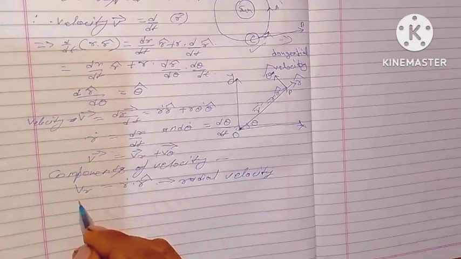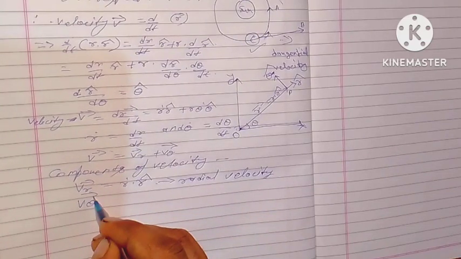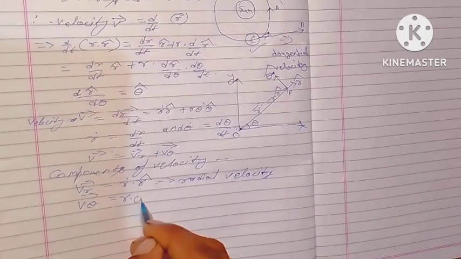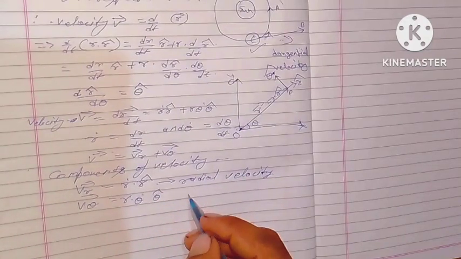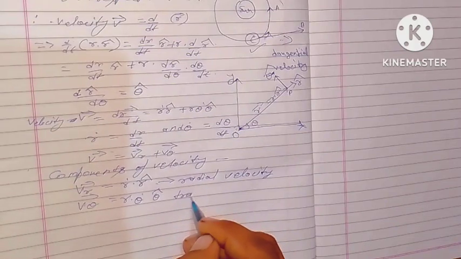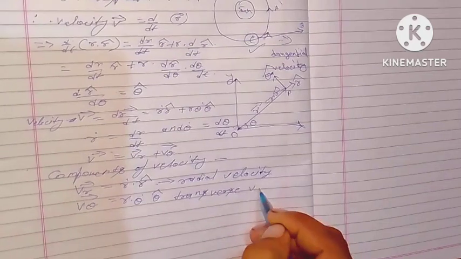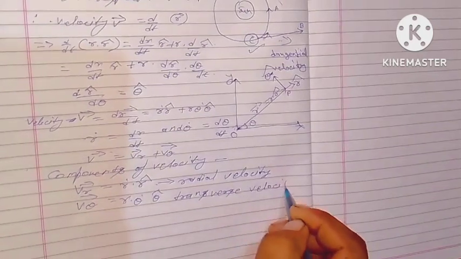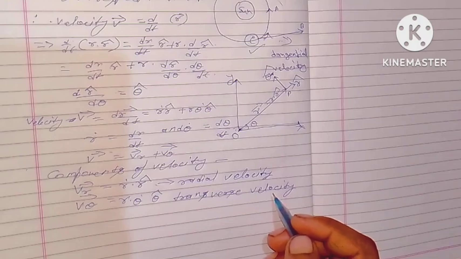And vector V theta, equal to r times the derivative of theta times unit vector theta, is known as the transverse velocity, due to the change in theta with r remaining constant.